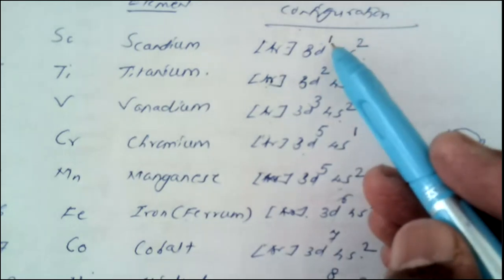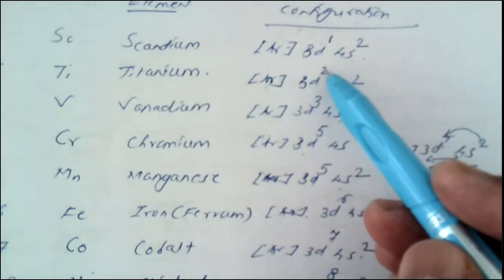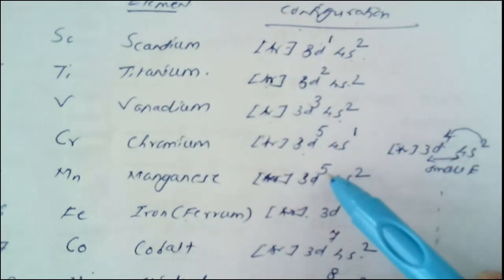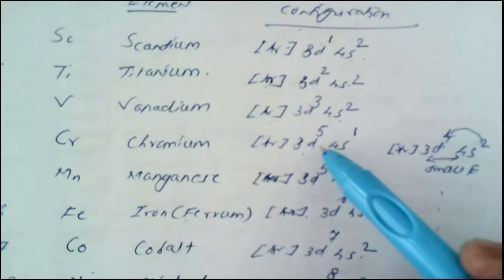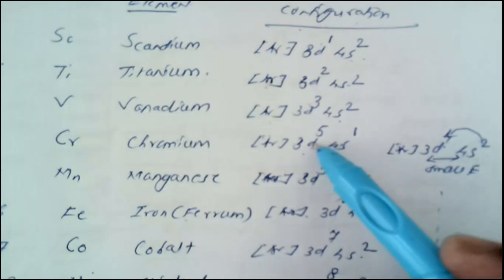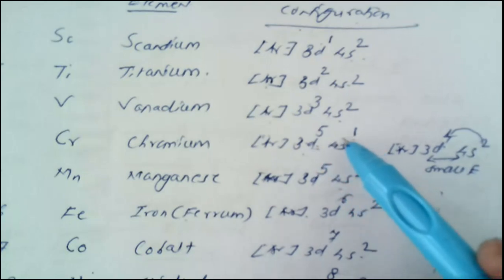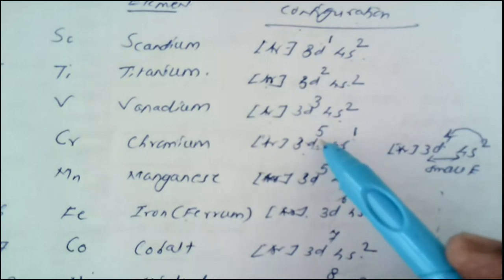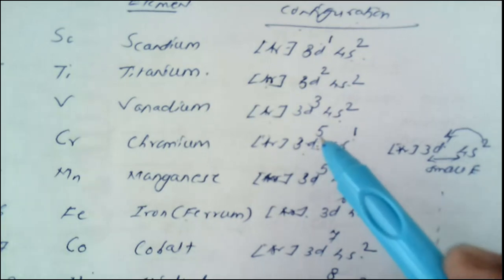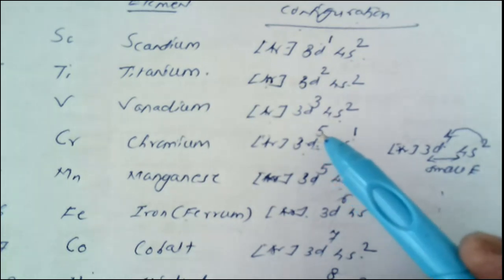So we have started to fill up the electrons in 3d orbitals. But at chromium, because of the small energy gap between 3d and 4s, one of the electrons is exchanged with the 3d orbital, and hence the observed electronic configuration becomes d5 instead of d4.